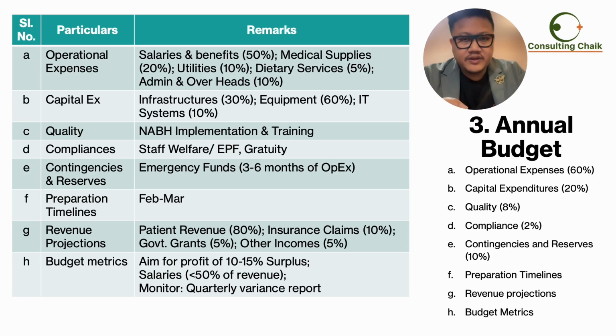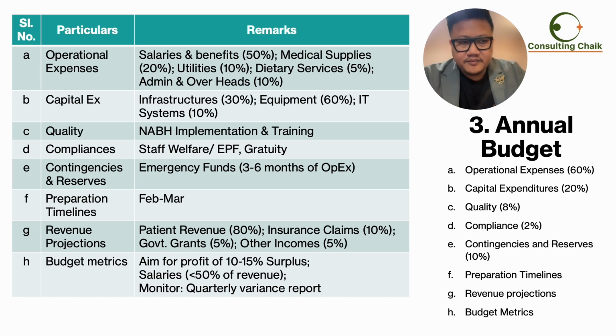You have to tally it with the revenue projections. Okay, so revenue projections: patient revenue around 80%, insurance claims 10%, government grants 5%. Again, I'm saying these percentages will vary from hospital to hospital.